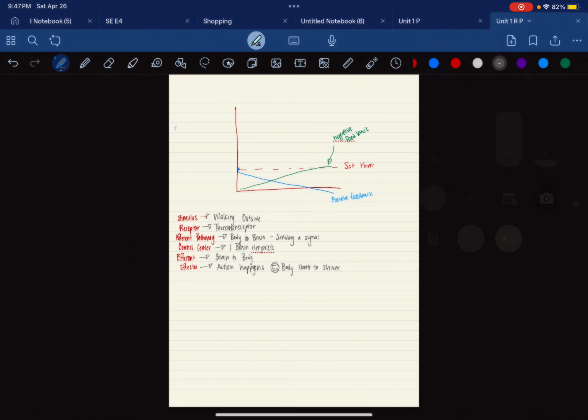Okay, so the second part, it's asking three types of protein mediated transport.